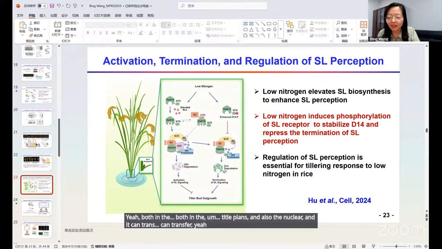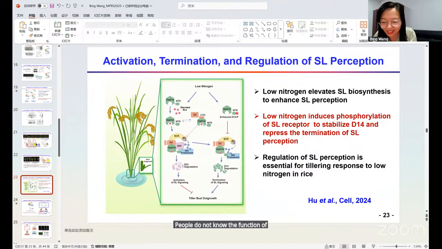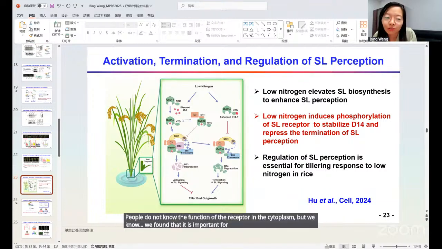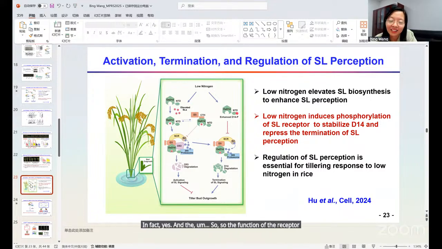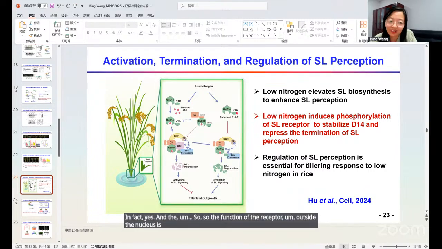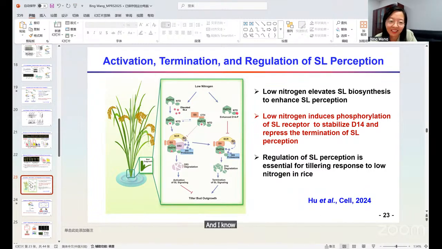In the cytosol, people do not know the function of the receptor, but we found that it is important for strigolactone hydrolase and can regulate the endogenous level of the hormones, in fact. So the function of the receptor outside the nucleus is a very important and unknown topic. I think it is really the frontier of this area.